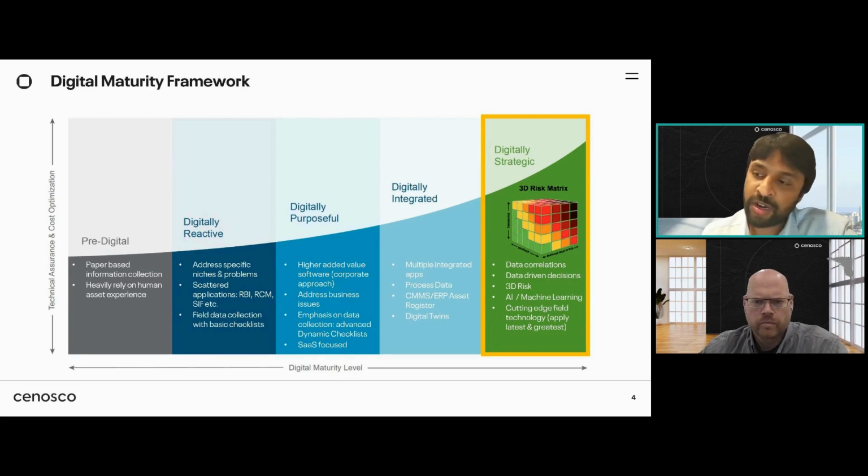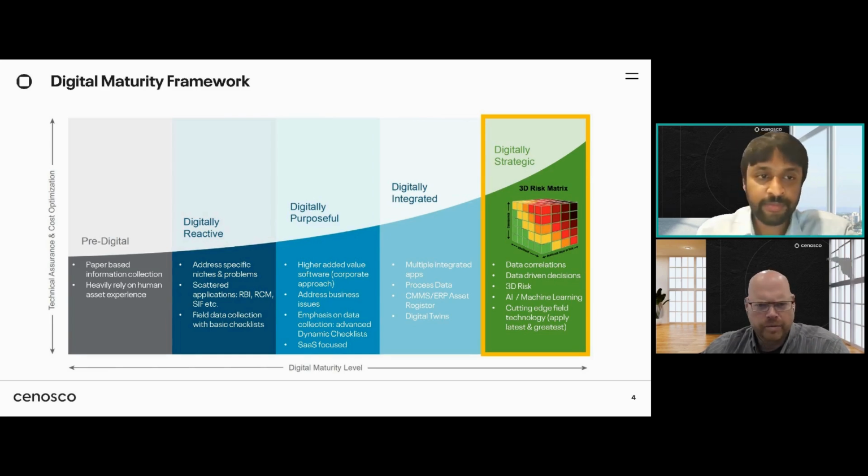Today, we offer a complete digitally integrated system with very high value functionalities in our roadmap, ensuring that we become digitally strategic, allowing for dynamic risk assessments involving artificial intelligence models to drive decisions, to take integrity management to the next level as well. So this is typically what we call a digital maturity framework, with an aim to move towards digitally strategic systems in the next 3 to 5 years.